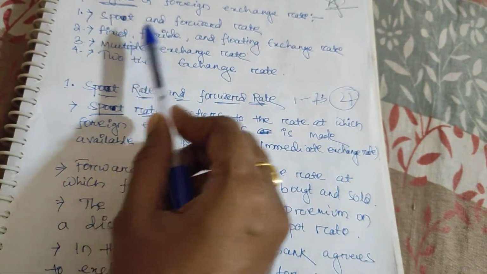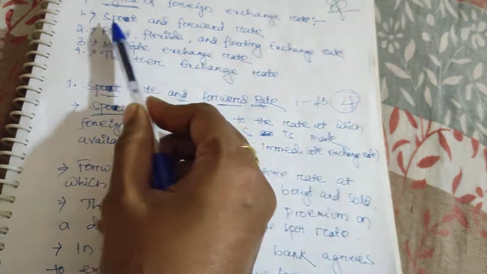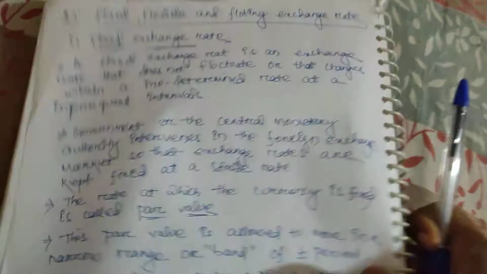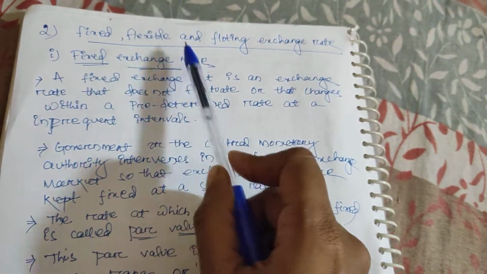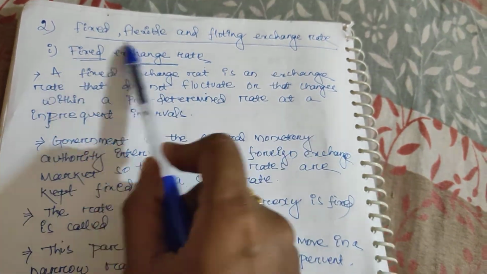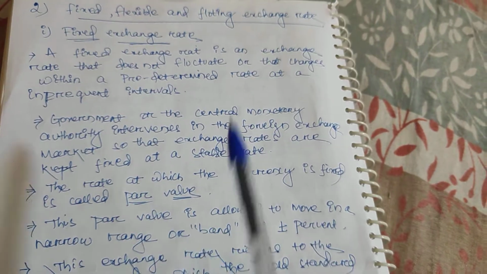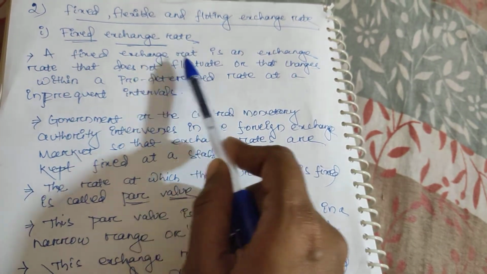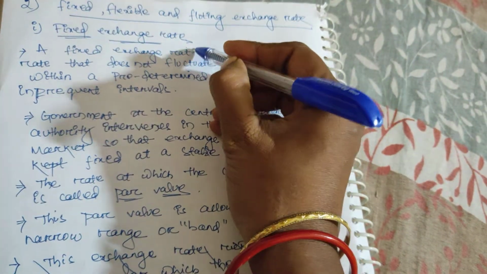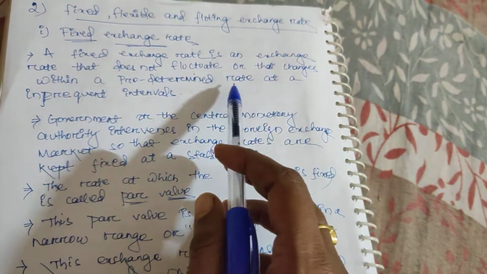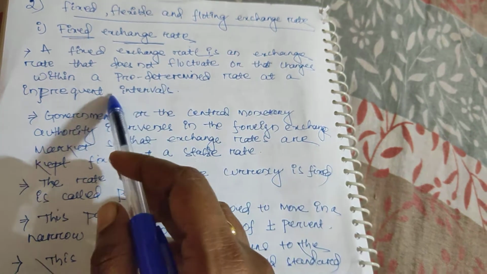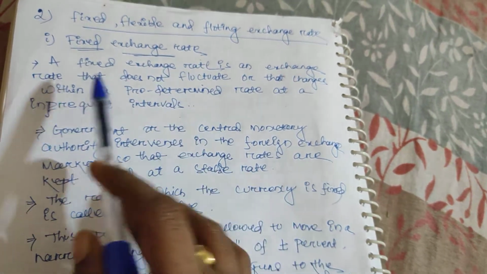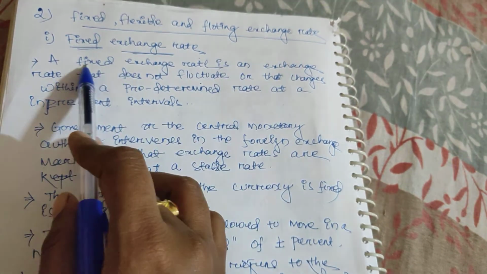Next we will go for fixed, flexible and floating exchange rate, but first we will discuss the fixed exchange rate. First we should know what a fixed exchange rate is. A fixed exchange rate is an exchange rate that doesn't fluctuate, or that changes within a predetermined range at infrequent intervals.